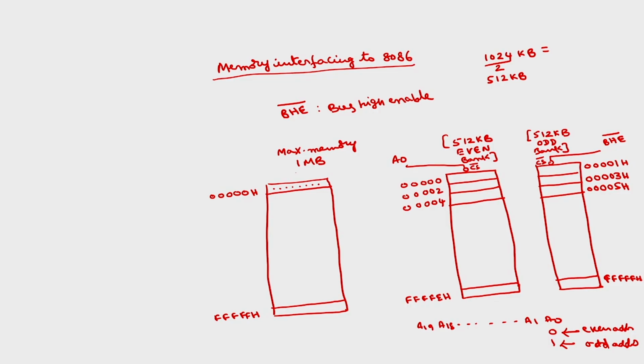Now, based on this A0 and BHE bar, we have 4 different operations. If I form a table here, A0 and BHE bar, if it is 0 0, what does it mean? Both the even bank and the odd bank will be selected. What type of data transfer will take place?